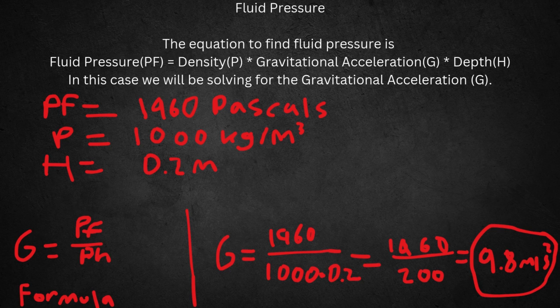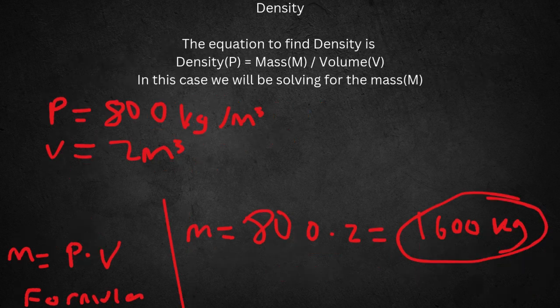Let's plug in the numbers: 1,960 divided by 1,000 times 0.2 equals 1,960 divided by 200. For the first step, we multiplied the bottom part first. And then after that, we go with the equation and we get 9.8 meters per second squared for our gravitational acceleration.